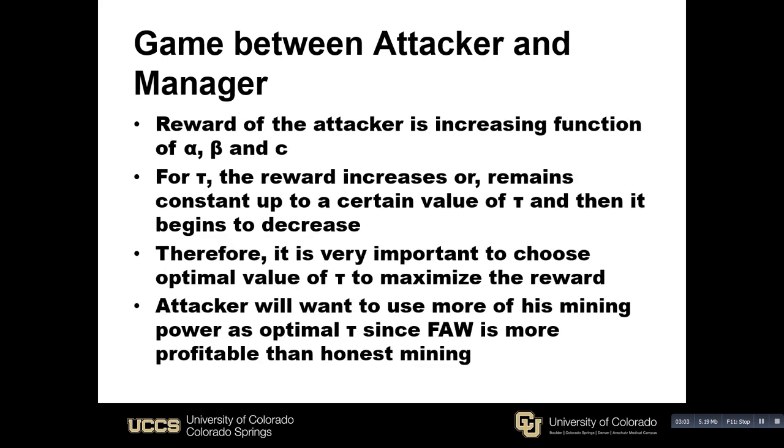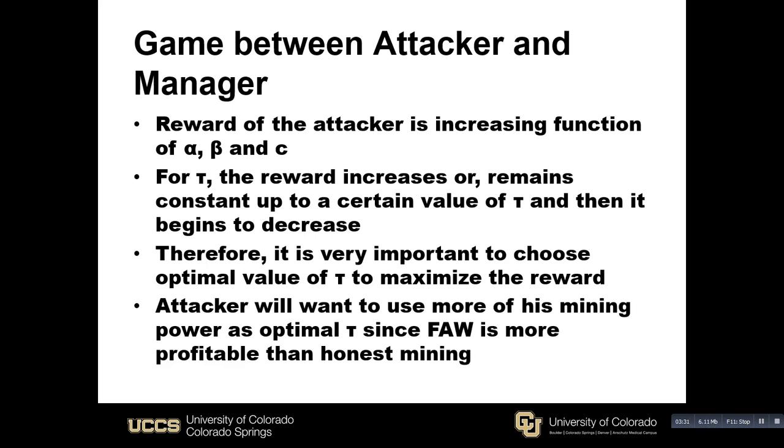In the case of alpha, beta, and C, these are increasing functions for the reward of the attacker, but for tau that is different. For tau, the reward increases or remains constant up to a certain value of tau, but then it begins to decrease. So that's a very important property.